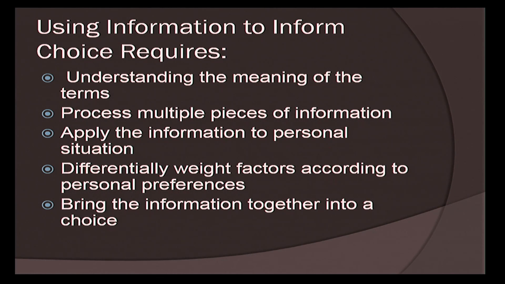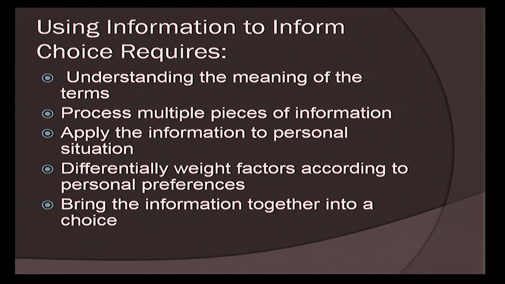And think about all the different factors we're talking about. We're talking about multiple cost factors, coverage factors, network factors, and for some exchanges and soon for all, the quality of the care provided. That's a lot of different things to make trade-offs and to differentially weight.